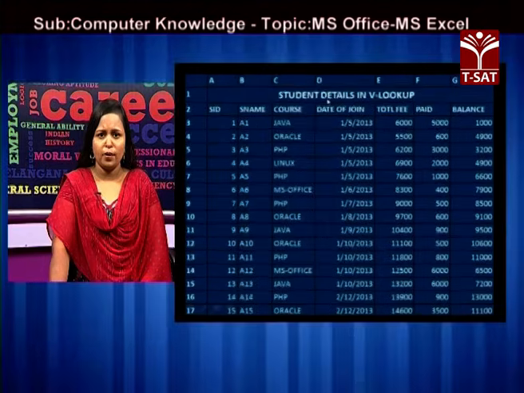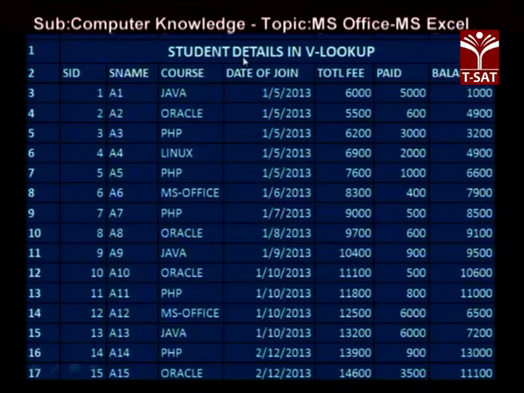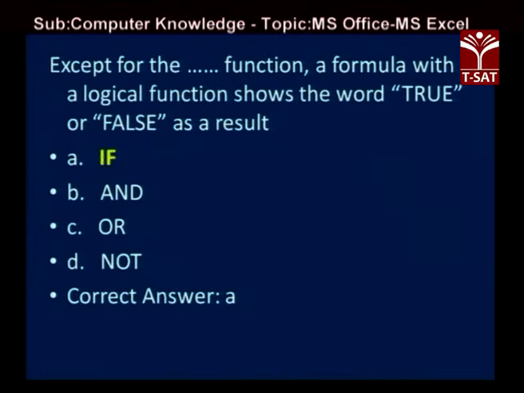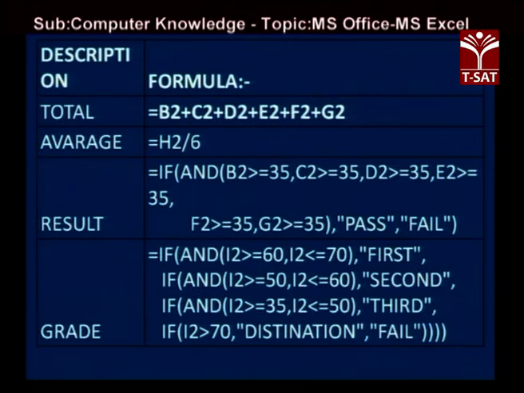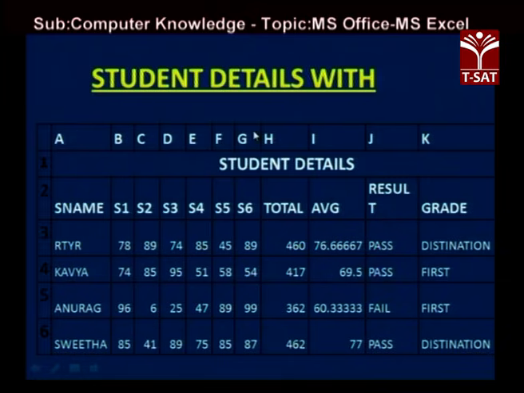Okay. Next, coming to a different calculation part, in a simple manner. For example, student details. Student details consist of student name, subject marks, total, average, result and grade. In these calculations, we have to find the total based on columns and rows. Here alphabets are the horizontal columns and numbers are the vertical rows.